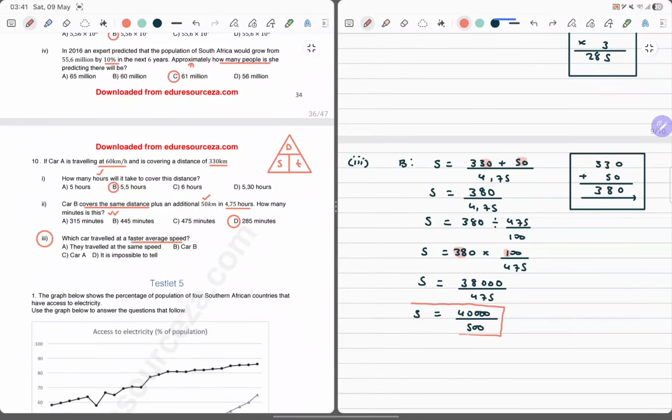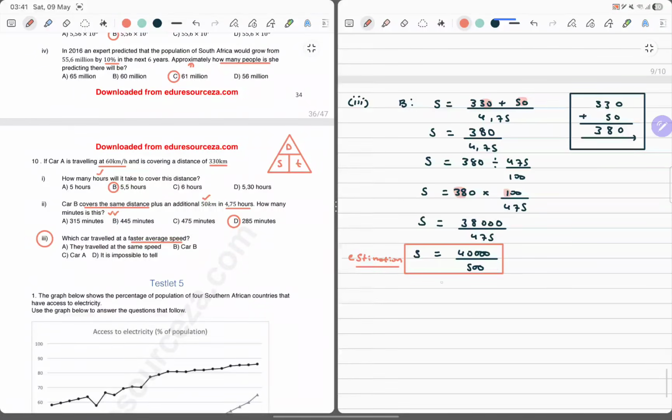Okay, maybe it will be outrageous, but we are doing the estimation. Remember, this will need to be a bit crazy. We increased, so we have to stay close.